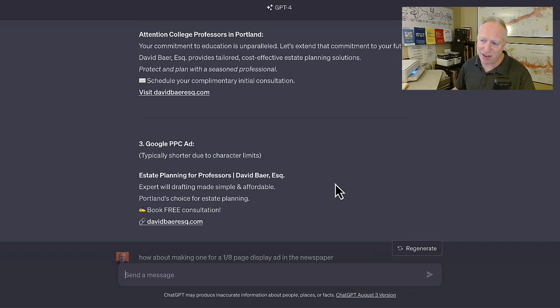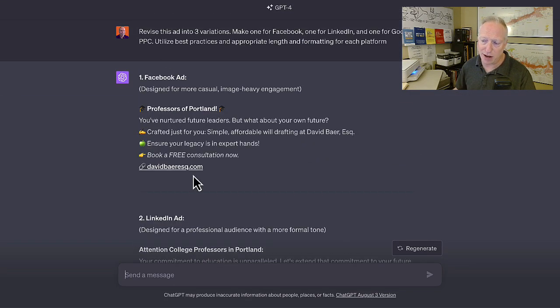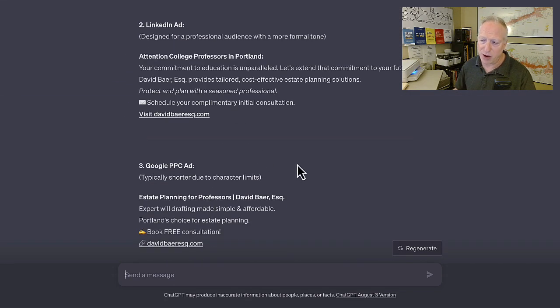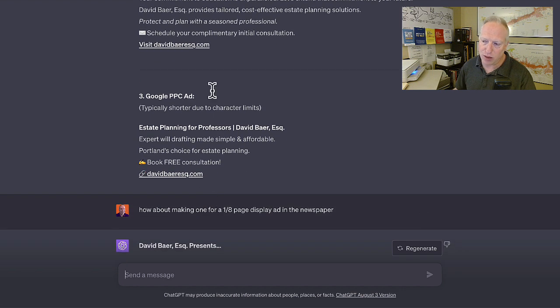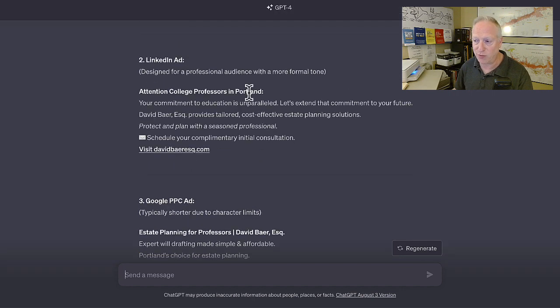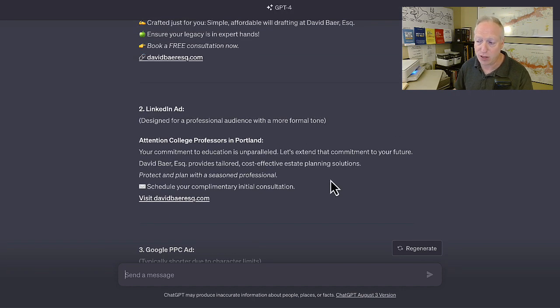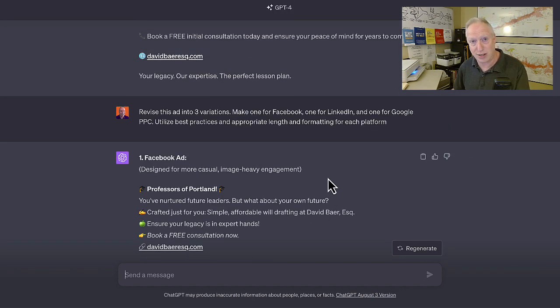Interesting. So it's giving us sort of different formatting depending on what the platform is. Now, I don't necessarily agree with these, but it's pulling from what it believes, based on the vast amount of resources it has, what it believes are the best practices for these different platforms. And it's worth testing them out and seeing if they actually will work for the corresponding platforms.